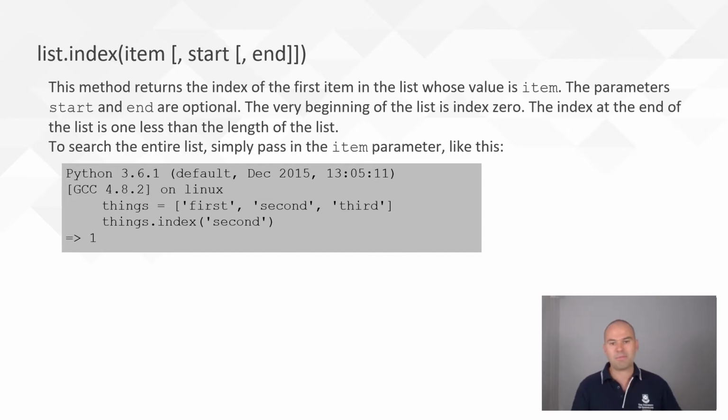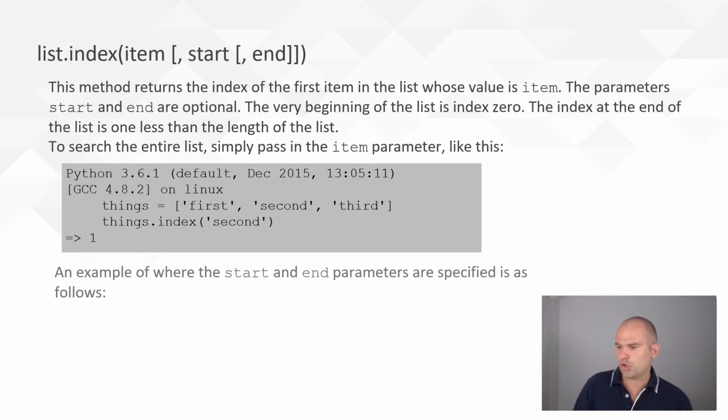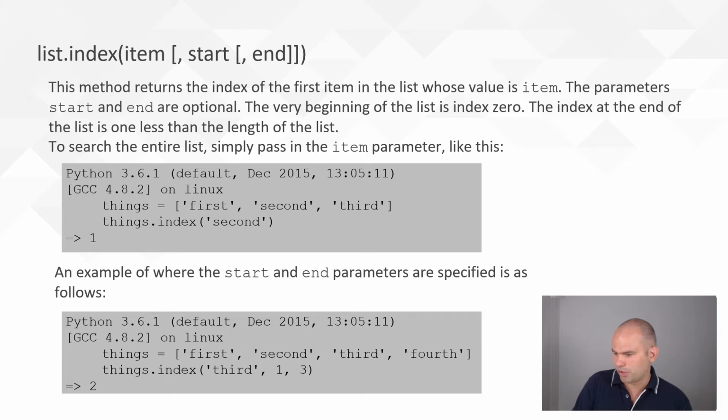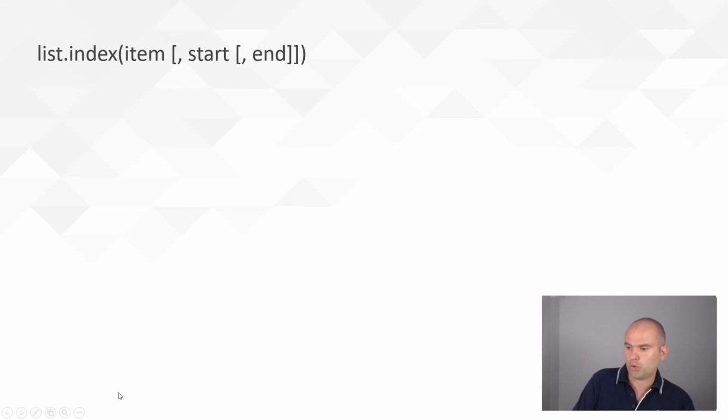So let's say your list is millions long and you're just interested if something is present in the first 100 terms, then you can go 0, 100. Here is the example: if you have things, first, second, third, fourth, you can look for third in between the second and the last item, and you'll find it, and that's going to return 2.